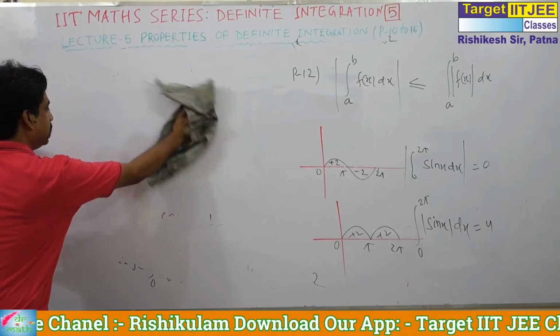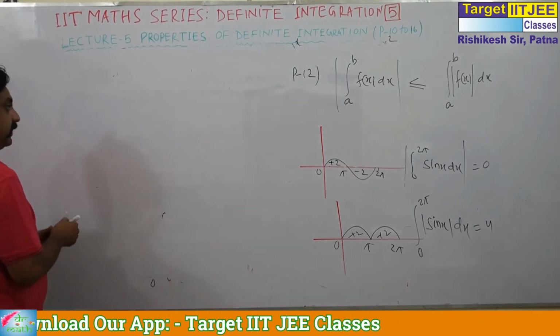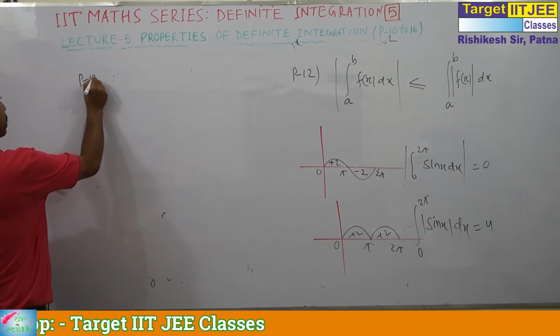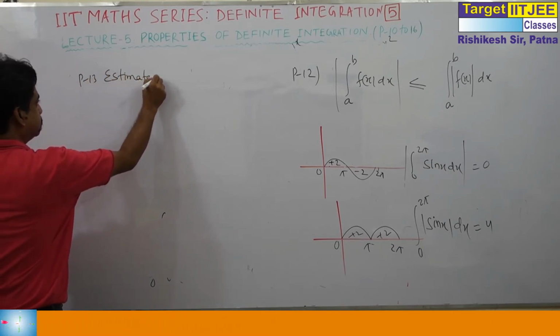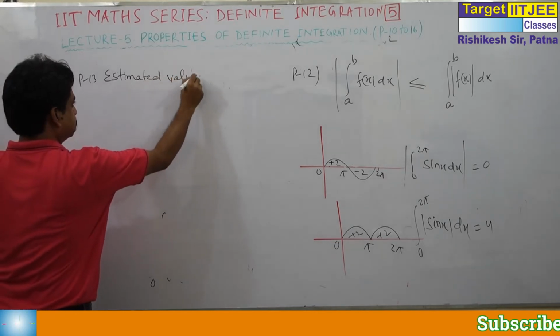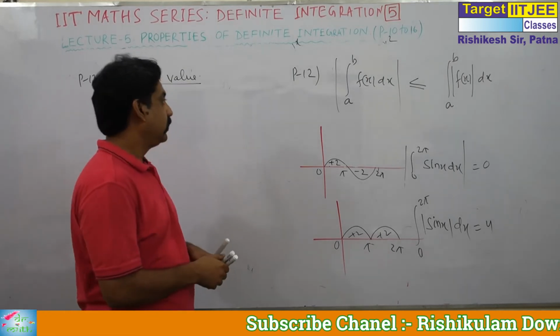Come to the next one. This is also very important. Property number 13, called estimated value. What is the property?